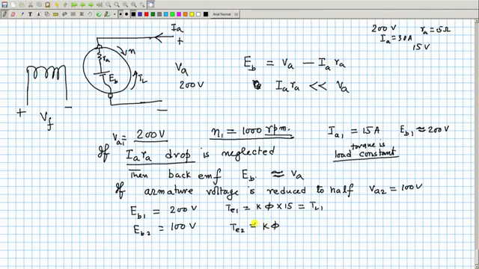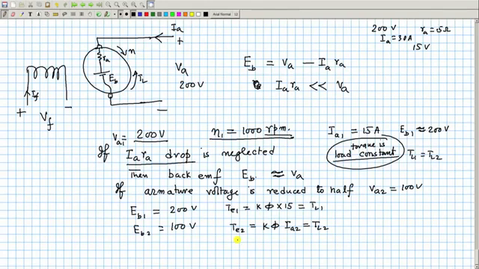I have not changed field current, whatever is there, I have not changed that. Only thing, armature voltage I have reduced from 200 volt to 100 volt. Then electromagnetic torque now developed, armature current I do not know, and that is equal to TL2, but I am telling load torque is constant, is not. TL1 is equal to TL2.